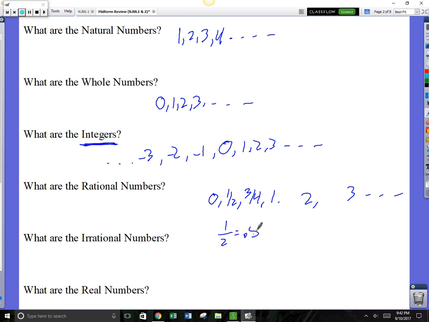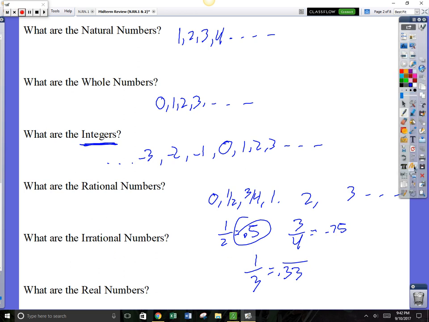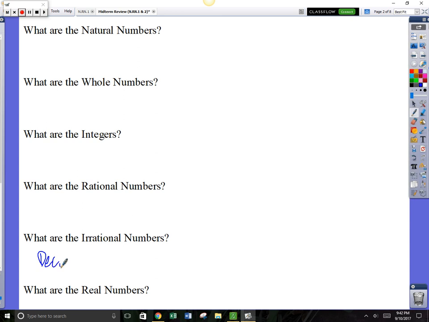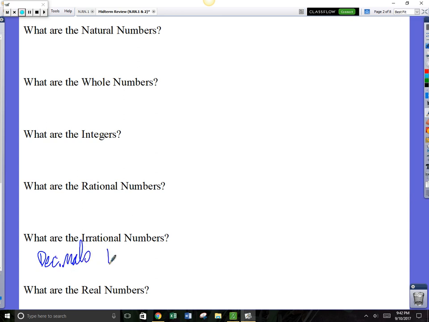The decimal either stops, it terminates. 3/4, we say that's 0.75, or it can go on forever, like 1/3 is 0.333 forever. So it either terminates, or it goes forever, but it's got a pattern. So the irrationals, these are decimals that cannot be written as fractions. You can never turn it into a fraction.